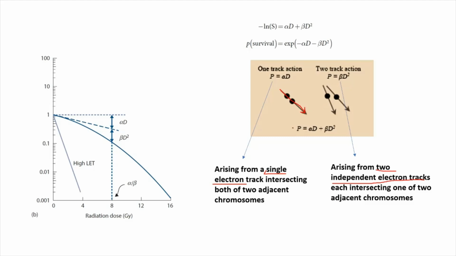The probability equals alpha D plus beta D squared, and that's the LQ curve. This curve is for high LET radiation and this one is for low LET radiation.